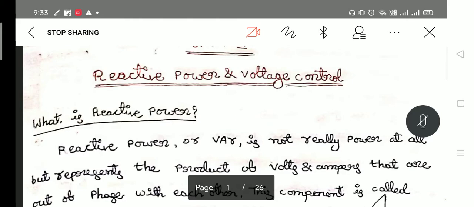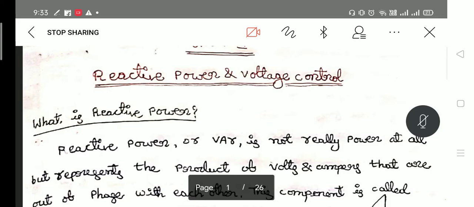The best example for reactive power is a glass of beer. The foam above is called reactive power, and the remaining liquid is called active power or real power.